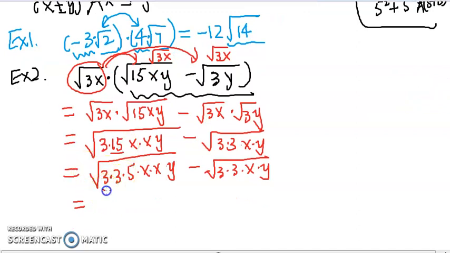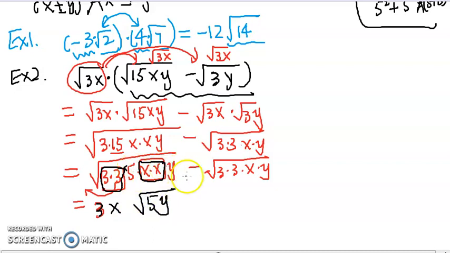So there are 2 copies of 3. These 2 can be taken out to get a single copy. And there are 2 copies of x, so these 2 can be taken out to get a single copy. Use a different color. x. And the other 2 have to stay because they are not squares.